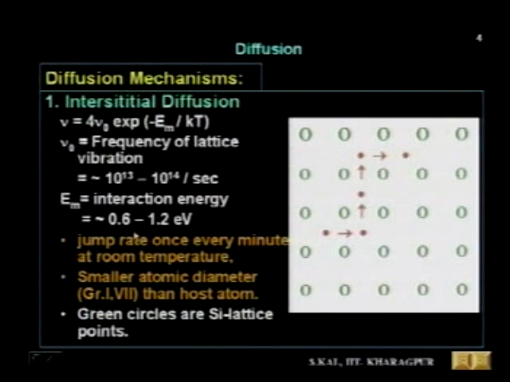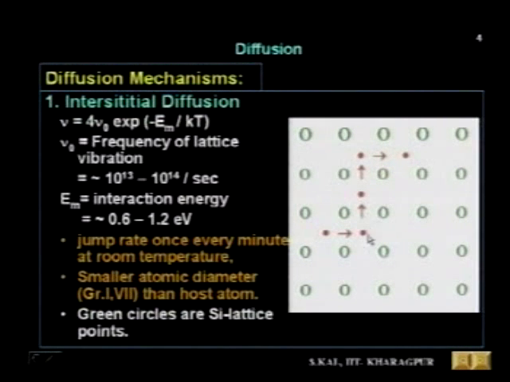This interaction energy value is in the range of 0.6 to 1.2 electron volt, and the jumping frequency of the dopant atoms from one interstitial site to another is 10 to the power 13 to 10 to the power 14 per second. That is the jumping frequency.